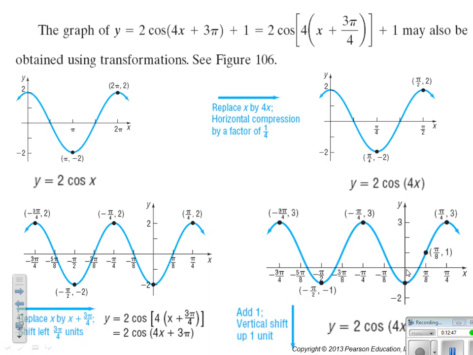We can do this in the classic sense of translations, where we factor out the 4. We can see that our period still is 2 pi over 4, which is pi over 2. We can see that this shifts it left 3 pi over 4. I'm still going up 1, and I still have an amplitude of 2.